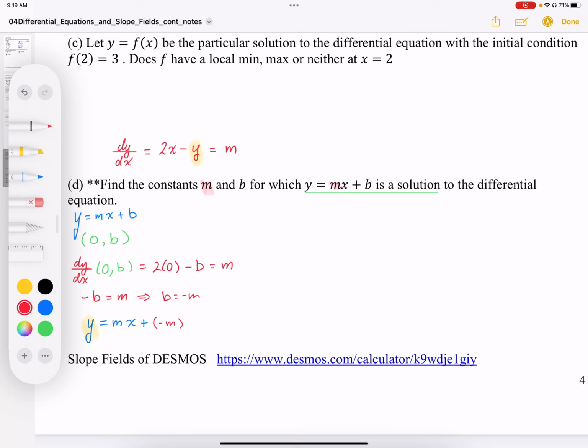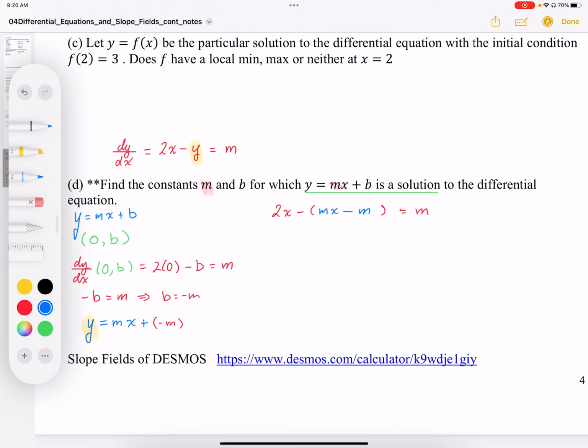So I'm going to start with my 2x minus y, which I'm going to put in brackets like that, is equal to m. And I'm going to replace that y with the mx minus m. So this becomes mx minus m. And the reason why I'm doing that is because these are different. I've generated these relationships from different parts. So if I combine them together, hopefully I can come up with something new.